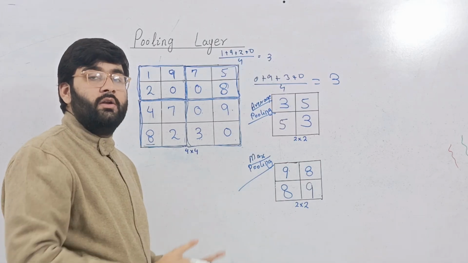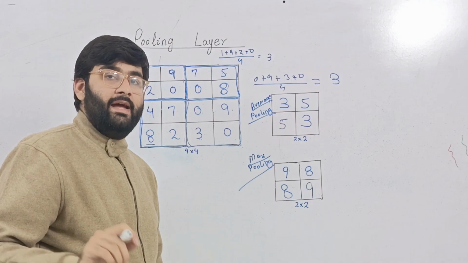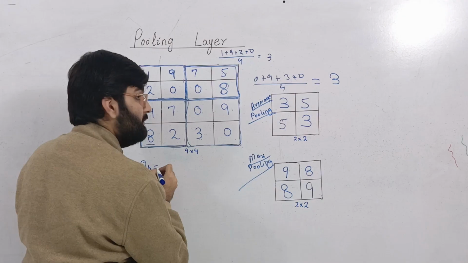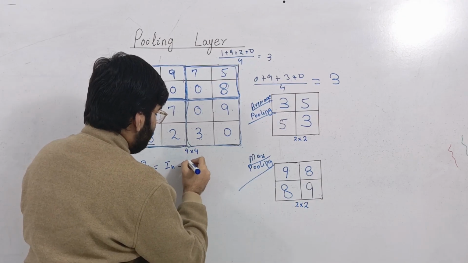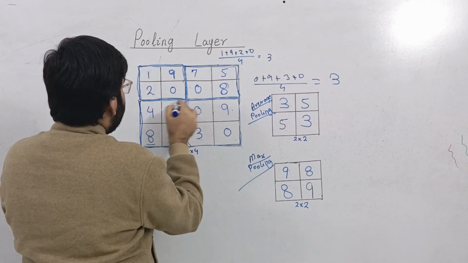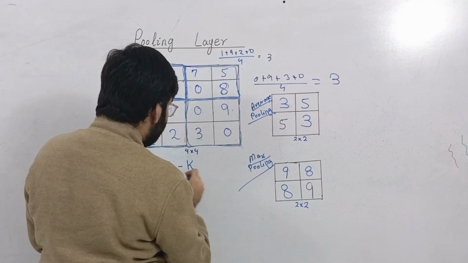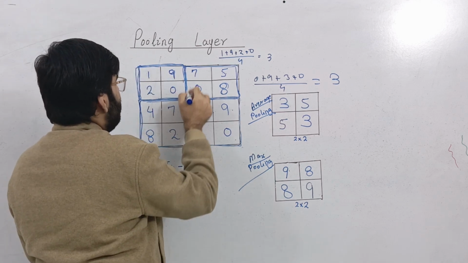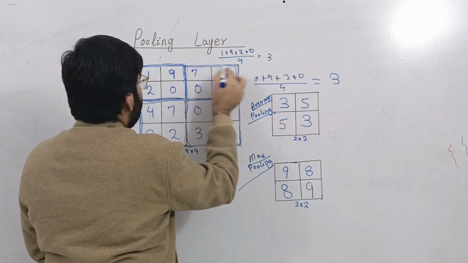The formula to calculate the dimensions of the output pooled map is given by: the height of the map is given by the height of the input minus the dimension of the kernel. This was the kernel and it was a 2 by 2 kernel here. This divided by the stride. We move the kernel 2 points to the right from here to here.